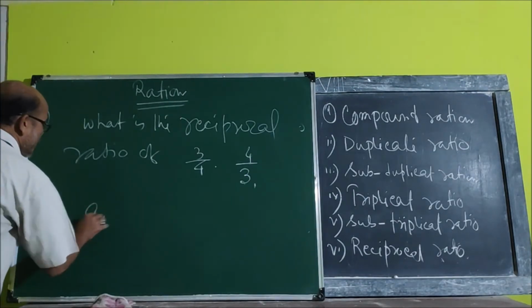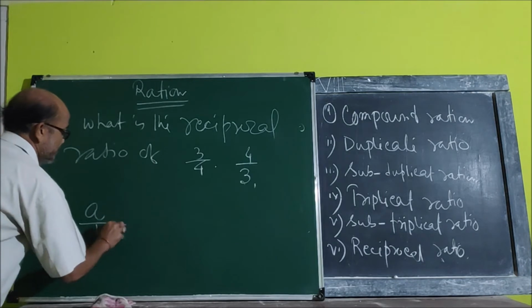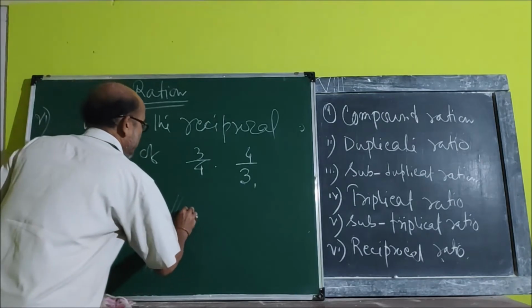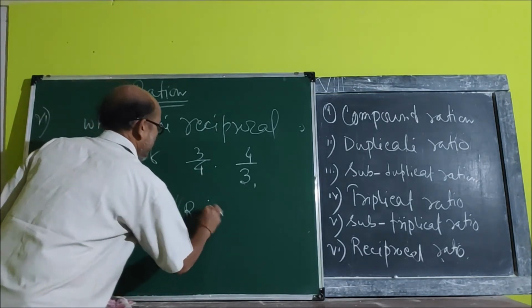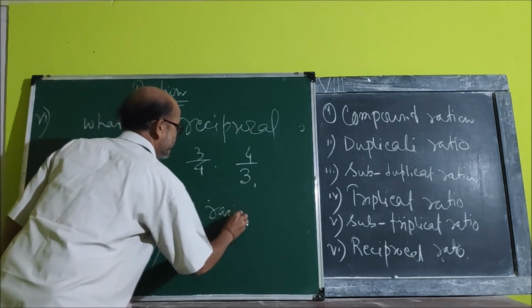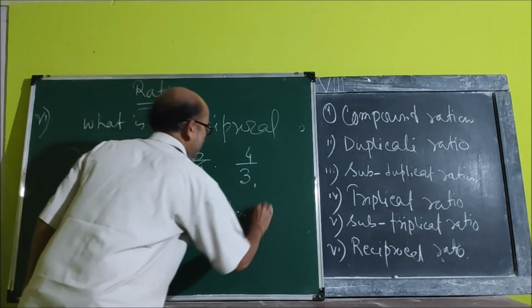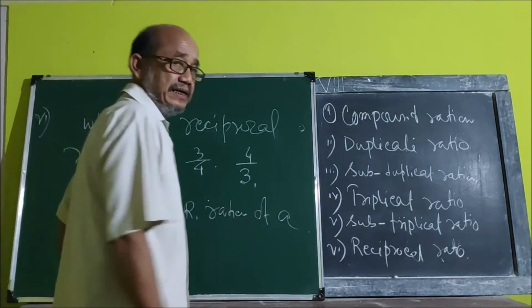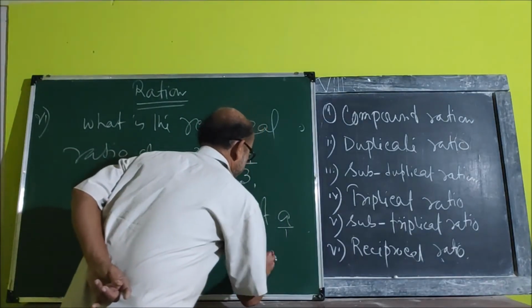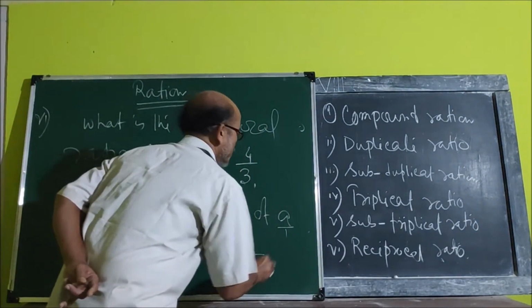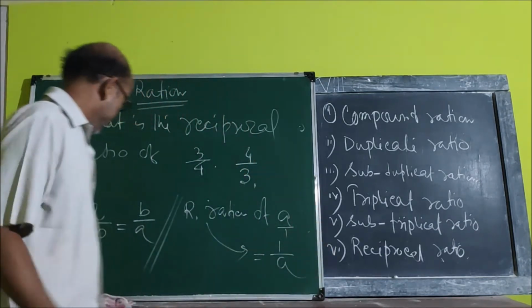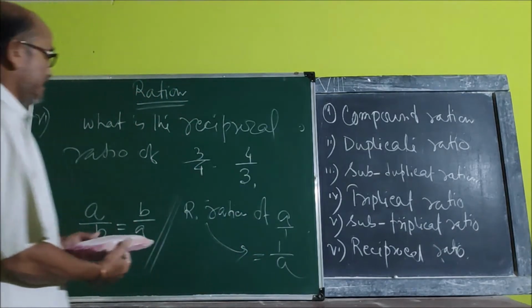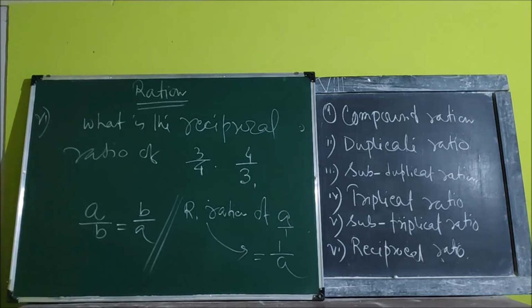Like the reciprocal of A by B means B by A. And what is the reciprocal ratio of simple A? We consider there is 1, then its reciprocal ratio will be 1/A. That is the basic knowledge about ratios.